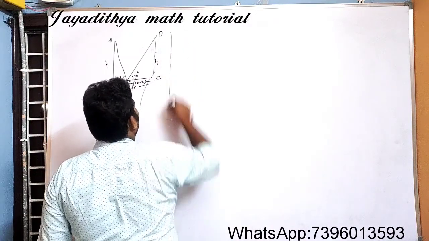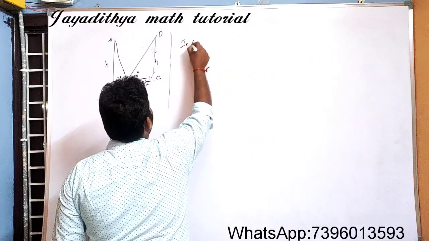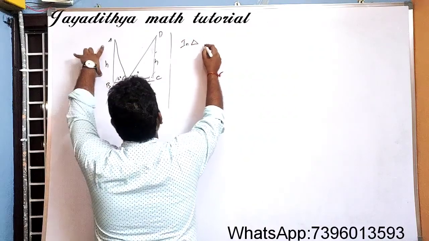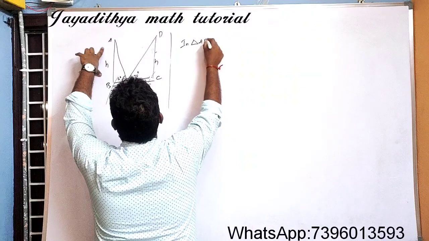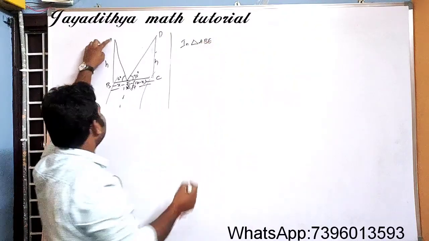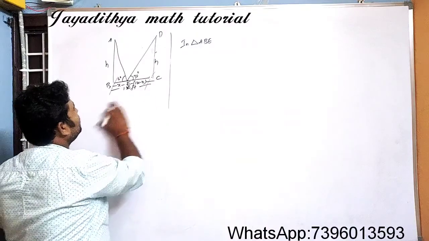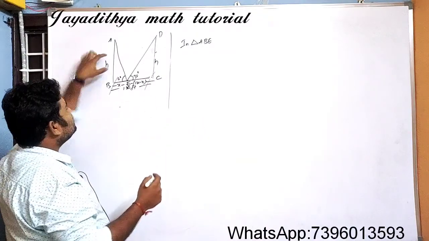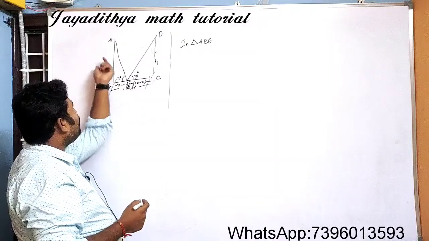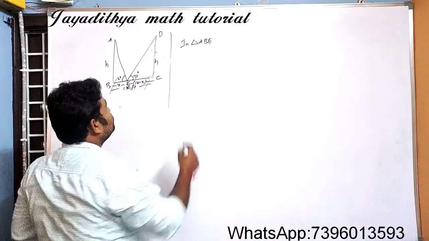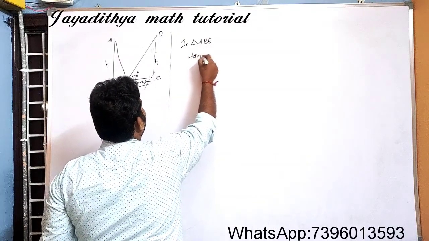Let us take the triangles now. In triangle ABE, we have the opposite side and also the adjacent side. So what can you take now? You can take the tan ratio.